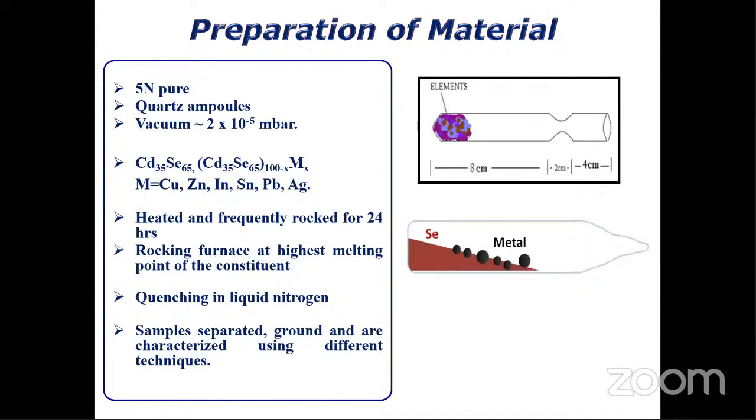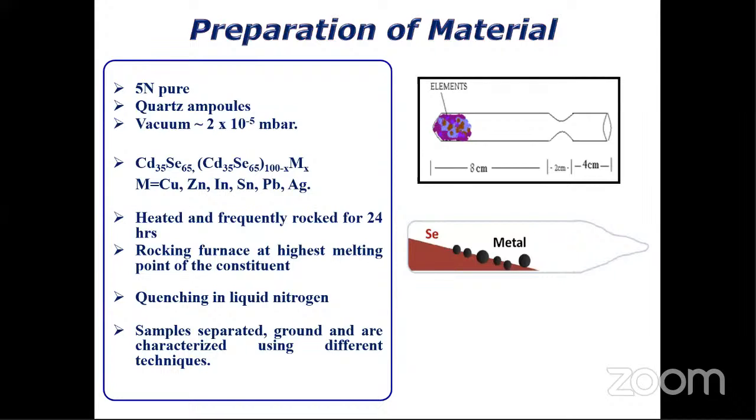These have been kept inside a quartz tube which has been vacuum sealed. Then these quartz ampoules, where you have kept these materials in the desired atomic percentages, have been kept inside a furnace with a rocking arrangement for 24 hours, or sometimes more than that, so that homogeneous mixing can take place.